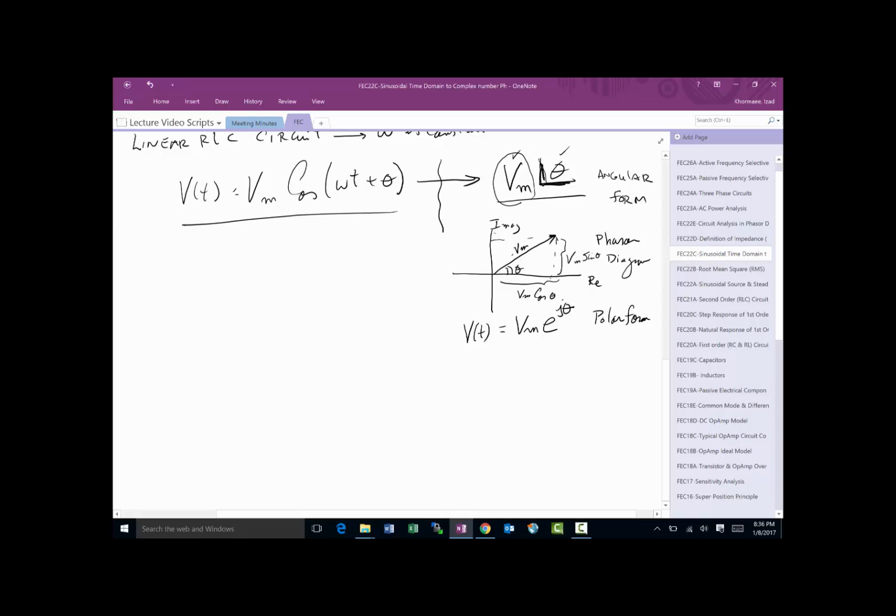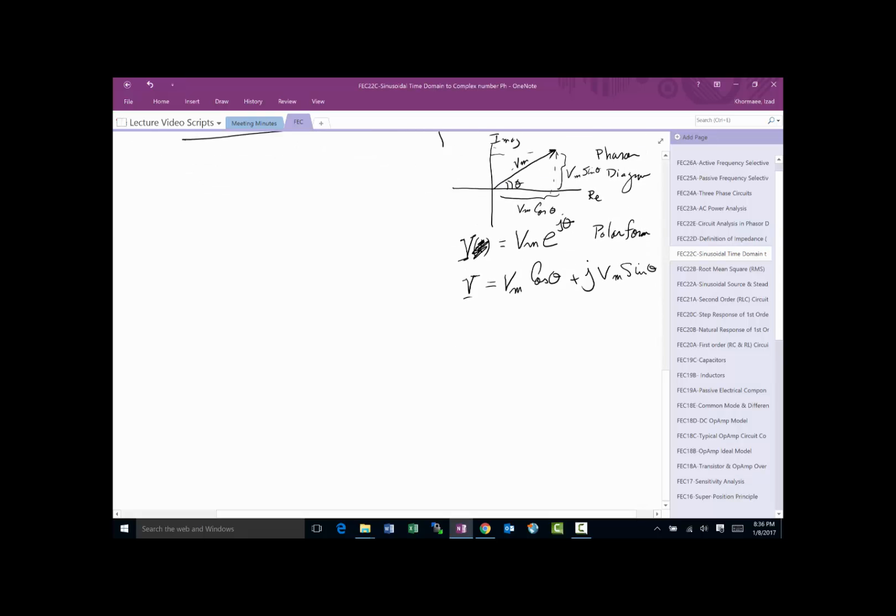These are vectors that represent the Phasor value of V. So another form is the vector value V equal to Vm cosine of theta plus j, which indicates that what comes after is the imaginary portion, Vm sine of theta. Okay, so great.